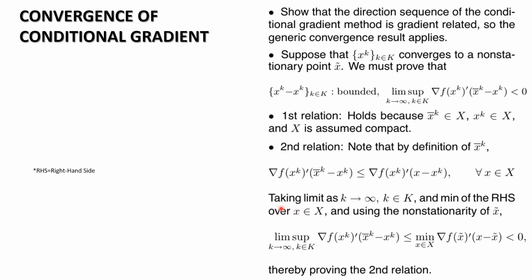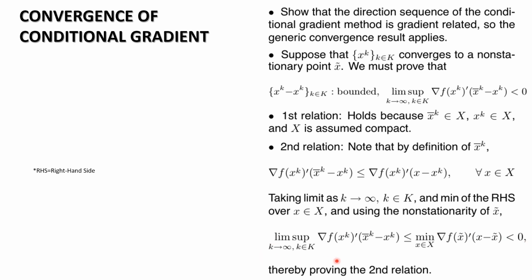So for any k in K going to infinity, taking the minimum of the right-hand side over x in X, and using the non-stationarity of x tilde, we can write this kind of relation.